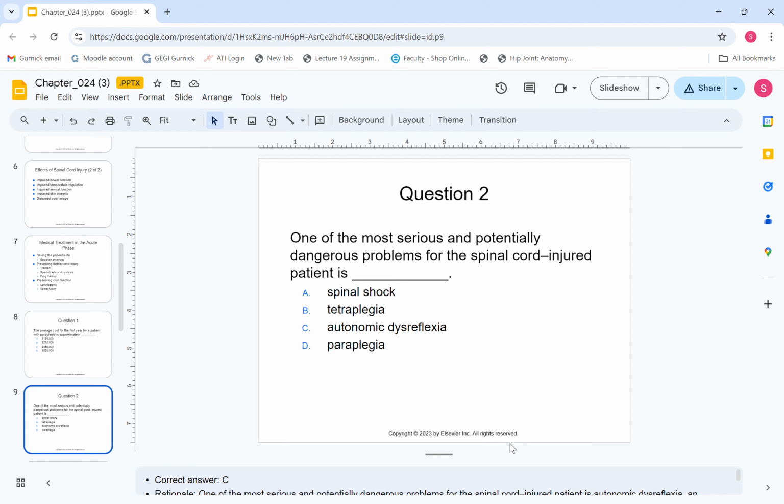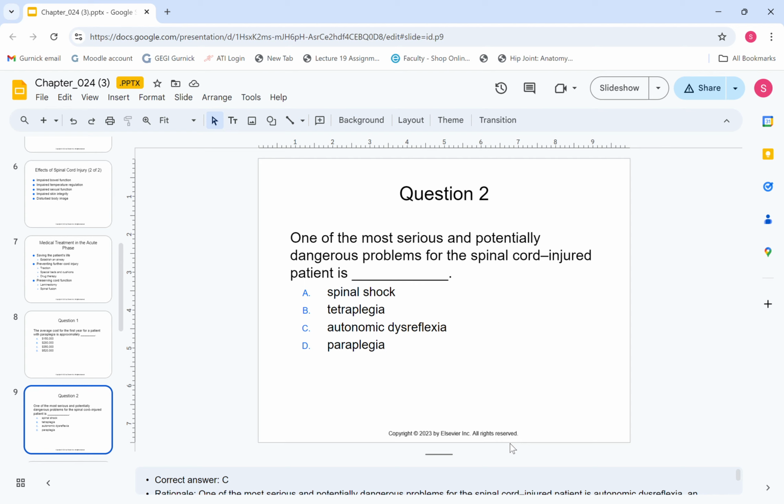All right, now you guys, spinal shock is a form of spinal cord injury, but remember, you will get over it. You'll heal from that. Whereas if you have a severed spinal cord, that's going to be a lifelong loss of function. All right, so although spinal cord injuries may have spinal cord shock, it's not the most important.